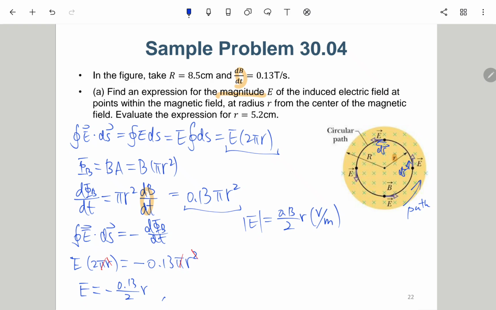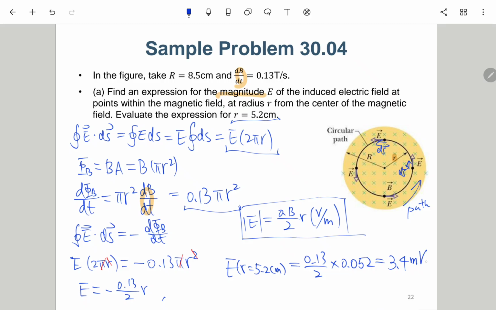Finally, we would like to evaluate the expression for r equals 5.2 centimeter. So E for r equals 5.2 centimeter will be 0.13 over 2 times 0.052, which is 3.4 millivolt per meter.